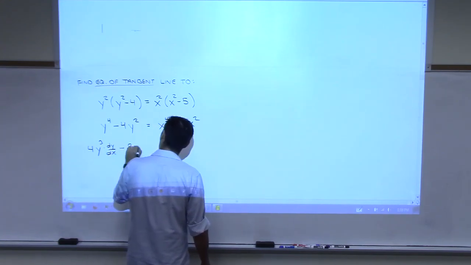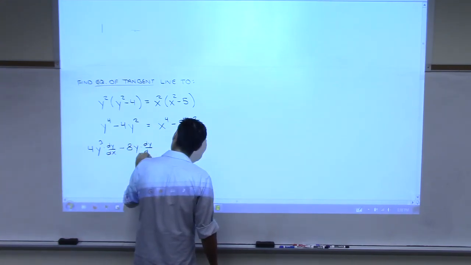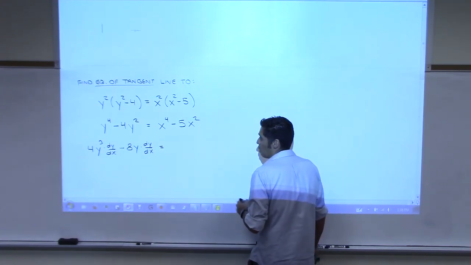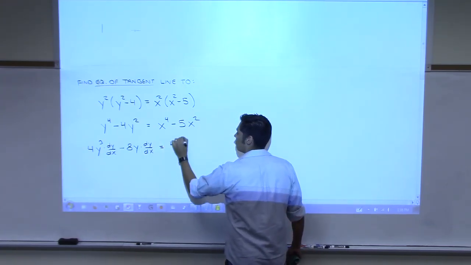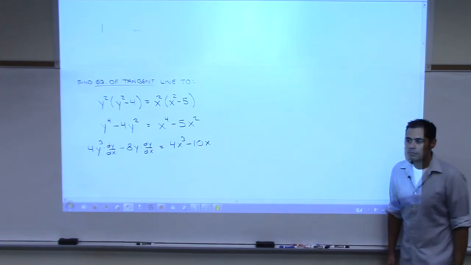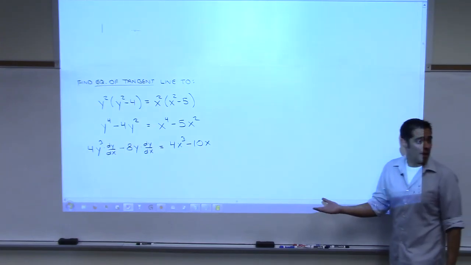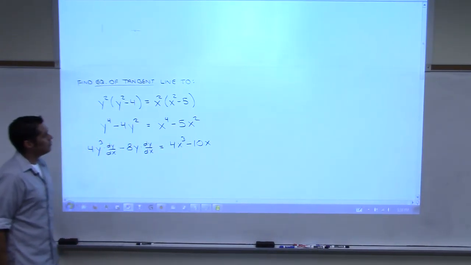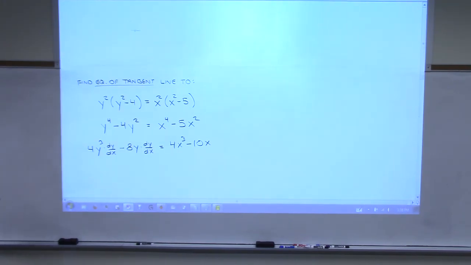And then how about on the right side? Just your standard differentiation, right? That's it, because you're differentiating with respect to x, right? Questions?